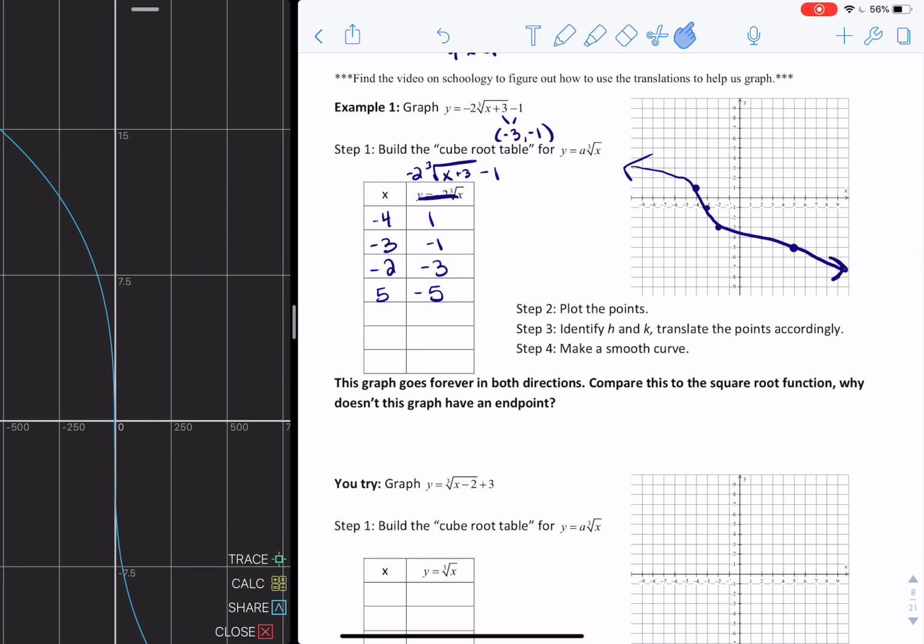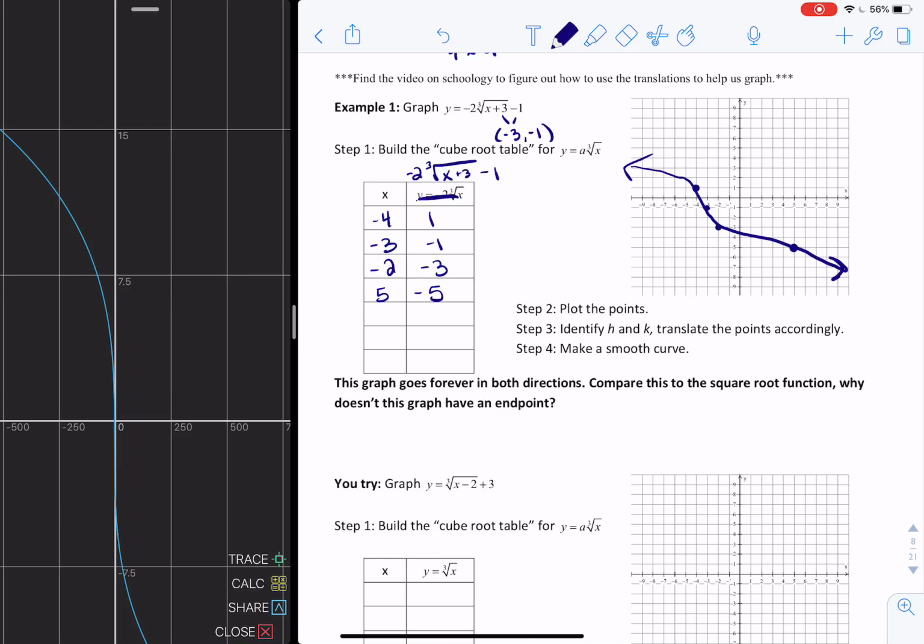So it says here, this graph goes forever in both directions. Compare this to the square root function, and why doesn't this graph have an endpoint? So we talked about that a little bit because we can take the cube root of a negative number. So therefore, our graph doesn't have an endpoint or a place where we can't keep going.